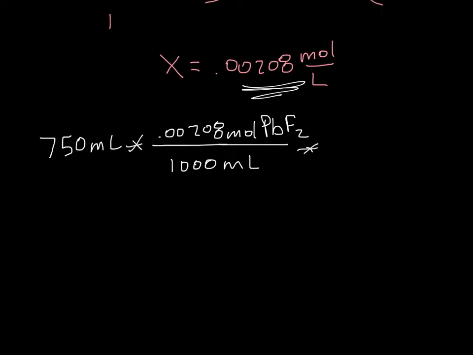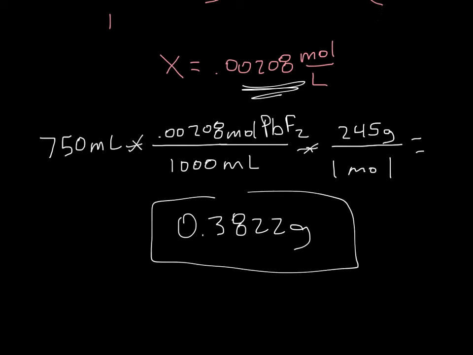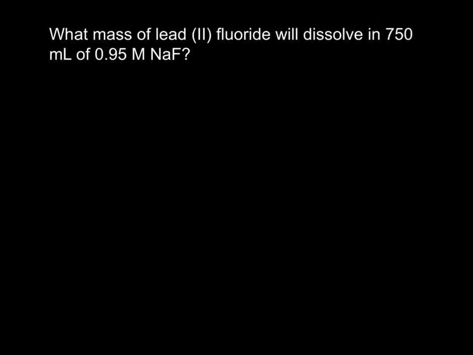And the molar mass of lead-2 fluoride is 245 grams for every 1 mole. So that means in 750 milliliters of water, 0.3822 grams of lead-2 fluoride will dissolve. Keep that answer in mind as we look at our next problem.